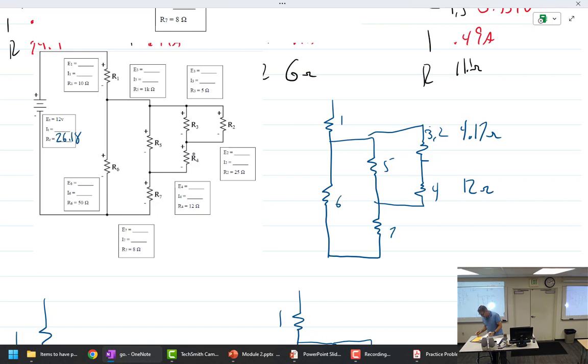I lost the first page that I did. So I don't know. Hang on. So what is my current flow? 0.458 amps.